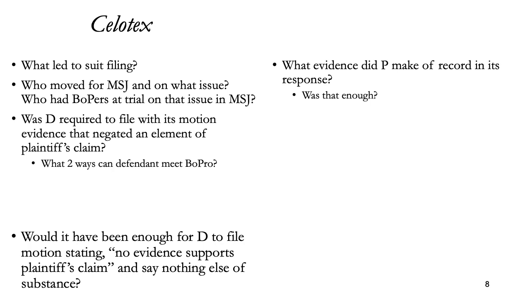And again, I think the Adickes case is the best illustration of that. But one way is to come forward and negate an issue on which the other side has the burden of proof. And the second way, and I think the best place that they put it is on page 574.